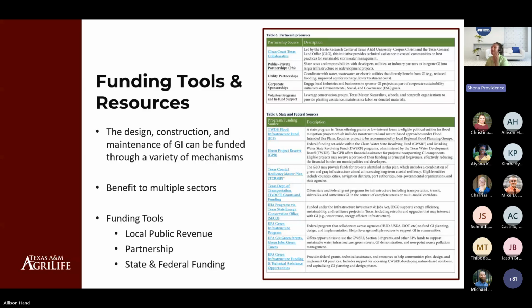It really is meant to highlight the opportunities to collaborate with nonprofits and academic institutions such as Clean Coast Texas, as well as a compiled list of the available programs and grants that support GI from a planning, design, and construction perspective.